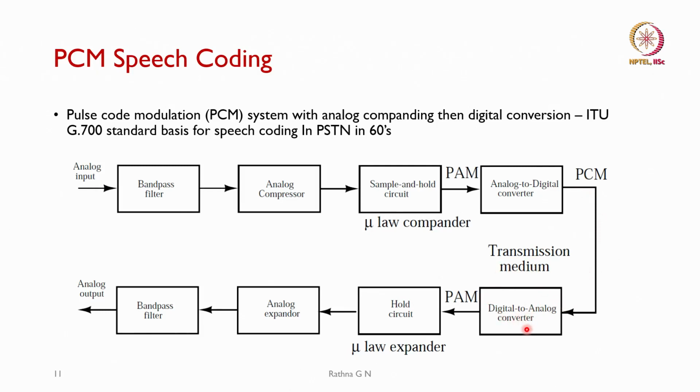Digital to analog conversion we have to do. And then here again analog modulation you will have, this is the whole circuit. And then you have the analog expander, and then use the band pass filter to get the analog output. So, the mu log expander was used for this purpose.